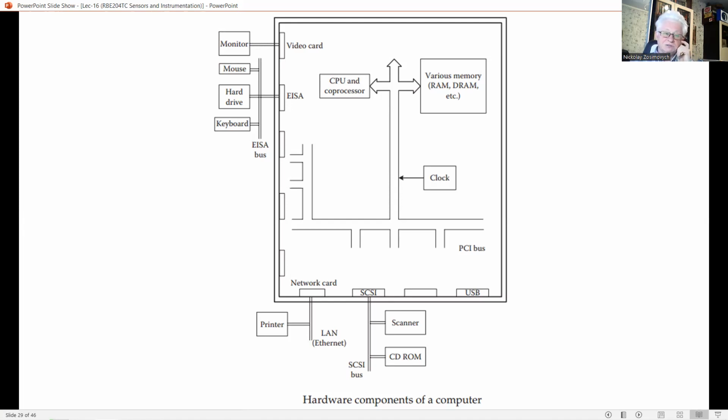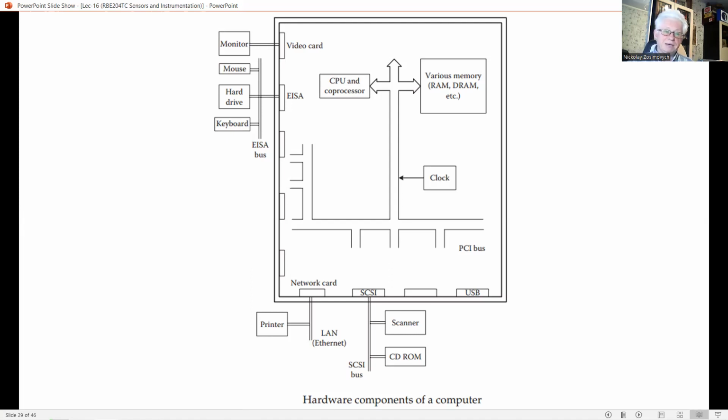Other devices, such as various cards, including DAQ, are mounted in the expansion slots of the computer housing. I mean the tower computer, big computer. But for another case, we have a special device. A typical architecture of a computer motherboard is shown in this figure.